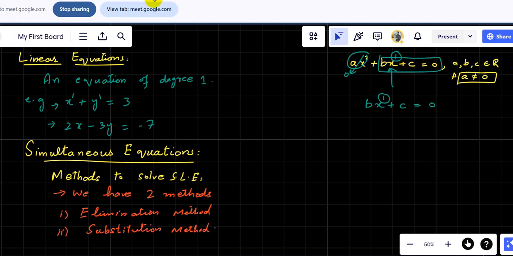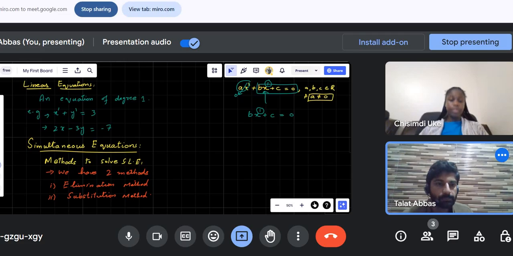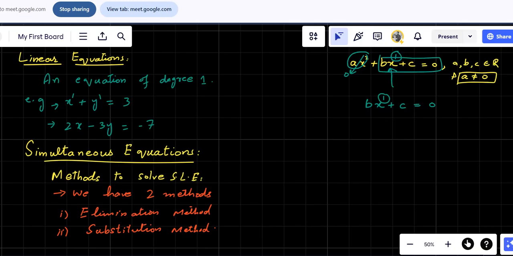So everything is clear till now? Okay, perfect. Now we will take an example, and today we will discuss the first method, the elimination method, and we will solve some past paper questions and some random practice questions using it.